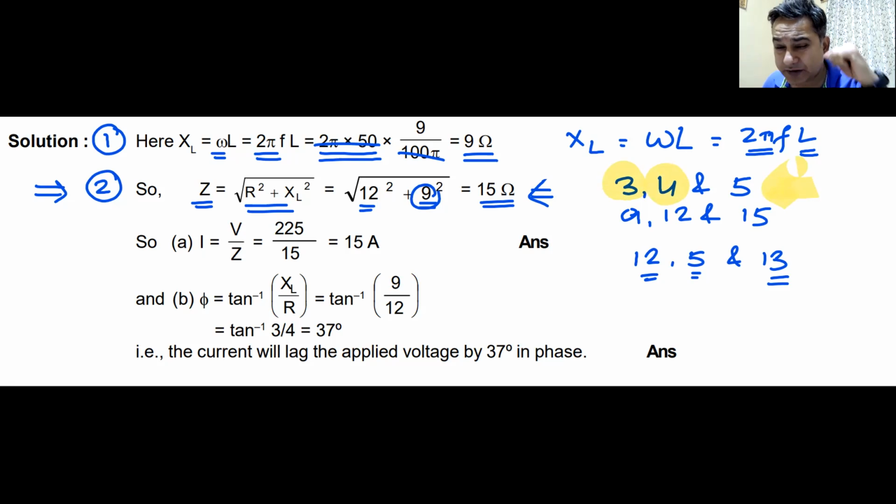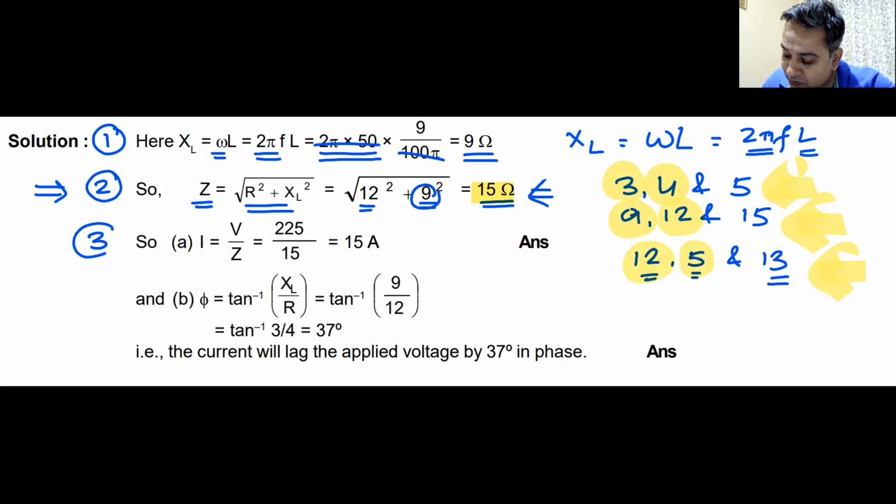If one of them is 5, the other will have to be 12, because the answer will then be 13. If you don't want to use it, you can always calculate, not a problem. Anyway, we have found the value of the impedance Z. That is your step number 2.